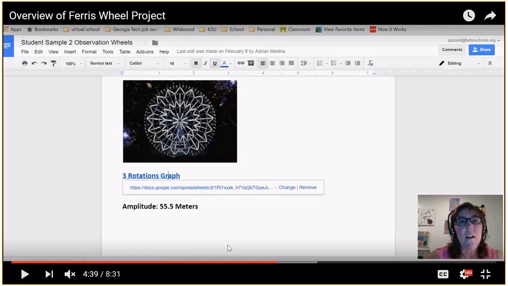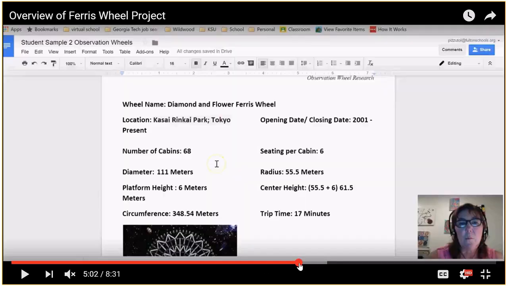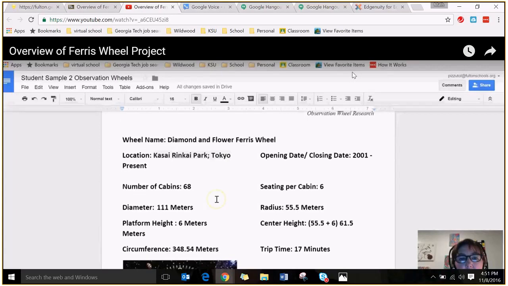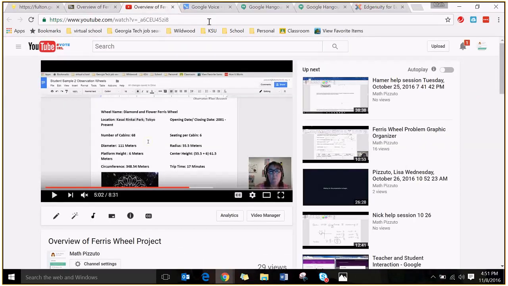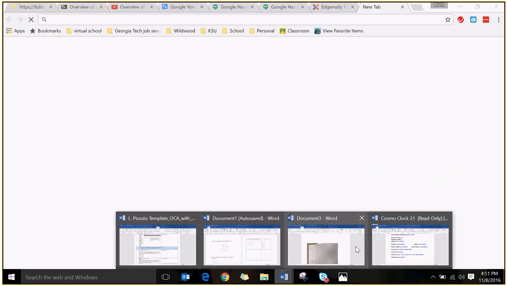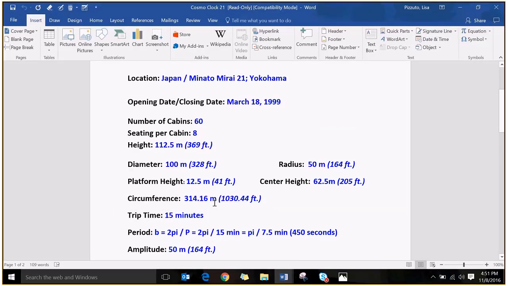Okay, so you want to use this information here: the number of cabins, the diameter, the height, the circumference, the radius, etc. Let me escape out of this for a second. This is your sheet right here, correct?